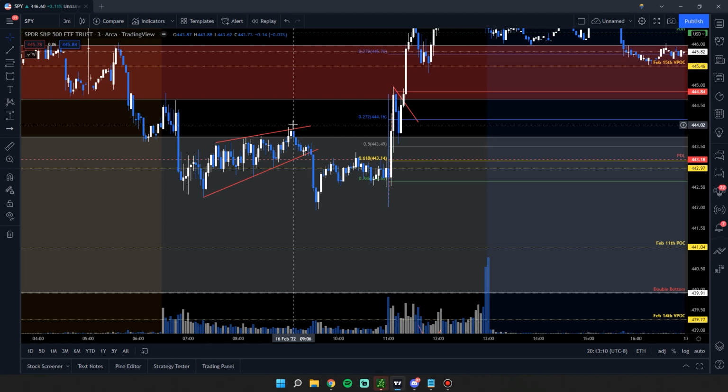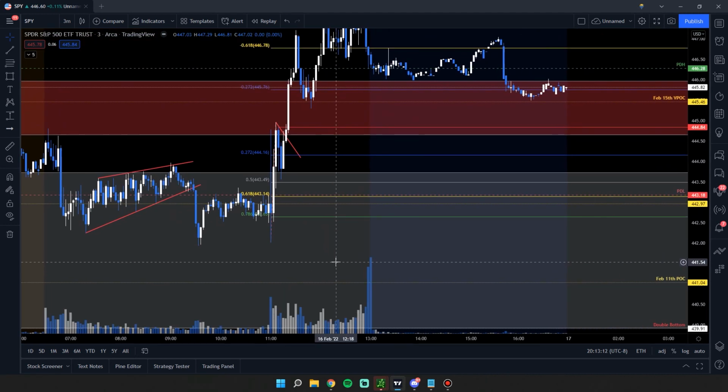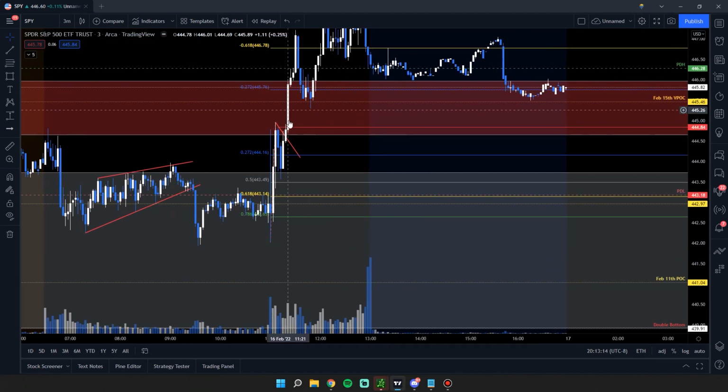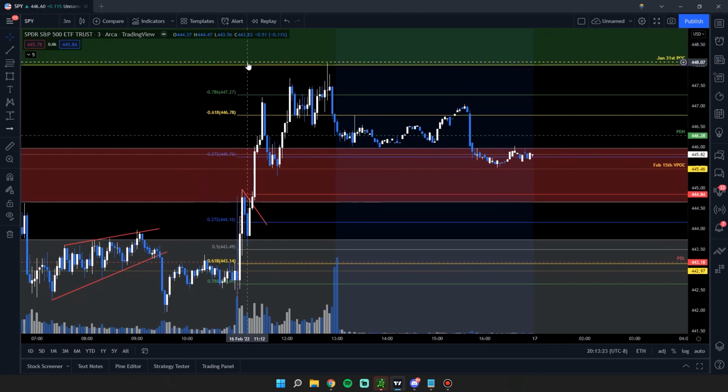Like, when you see that you drew a bear flag and it rips up, I don't even know what this is, 444.50, we'll call it, up to, it's a 3.5 point move.